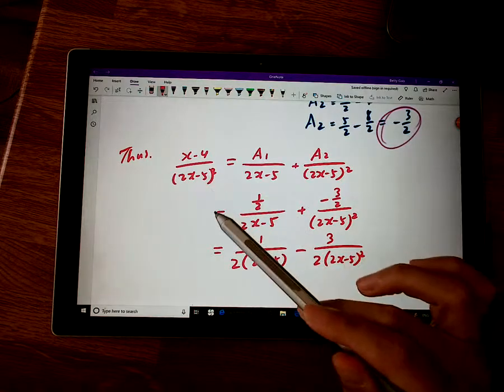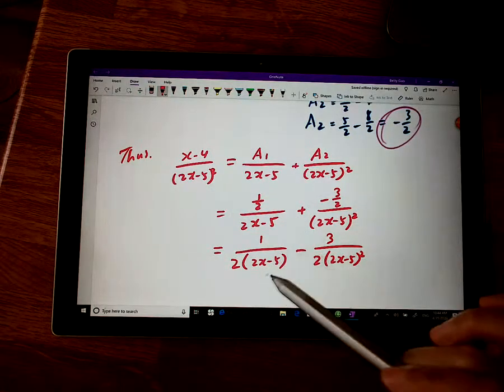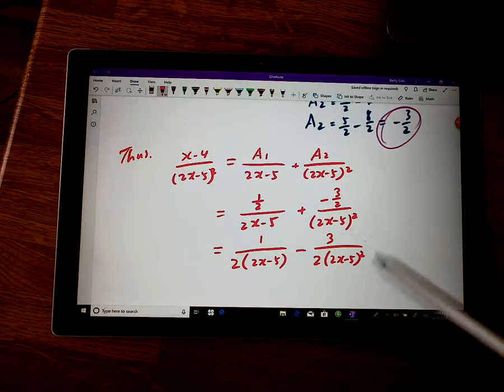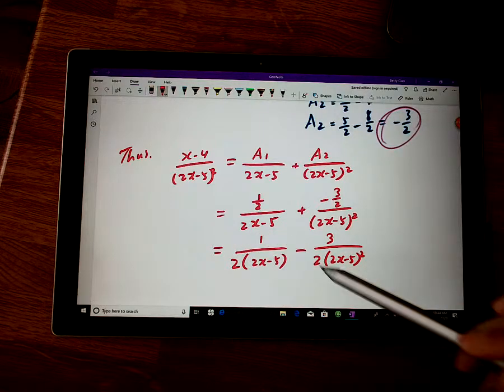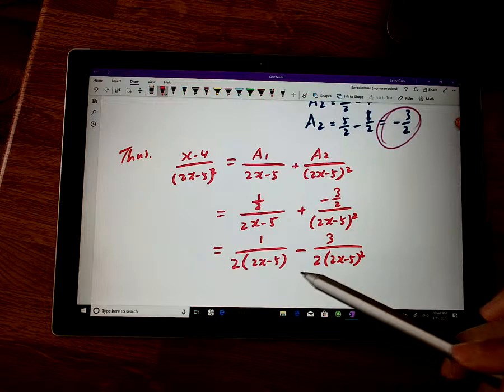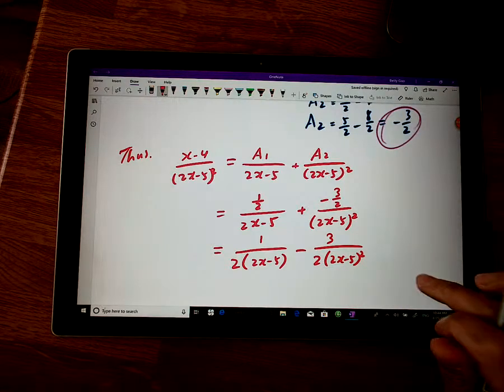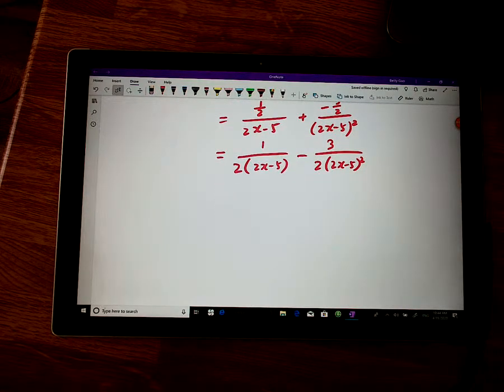However, if you could decompose them, for each part in the expansion, the derivative and the integral would be a lot easier to get. That's the purpose. This is example 1. Let's see example 2.